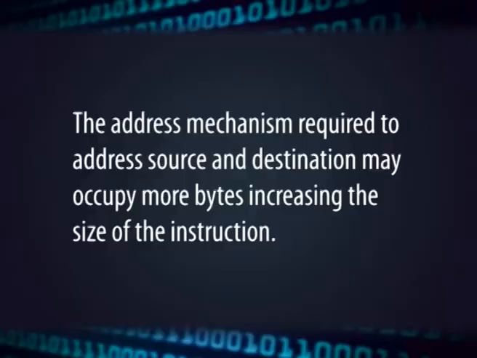The reason is that the address mechanism required to address source and destination may occupy more bytes, increasing the size of the instruction. Instead, move instructions are available to transfer data from memory to internal registers and move them to the desired memory location. So, a single memory operation is dealt with the help of two move instructions.